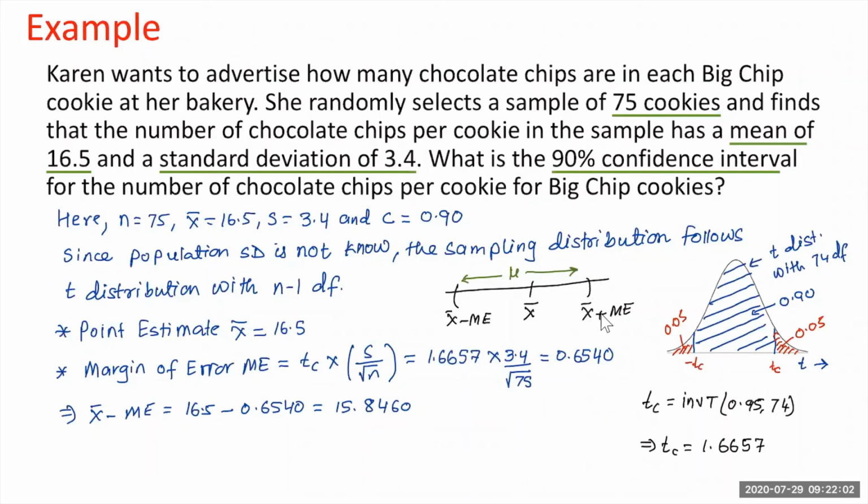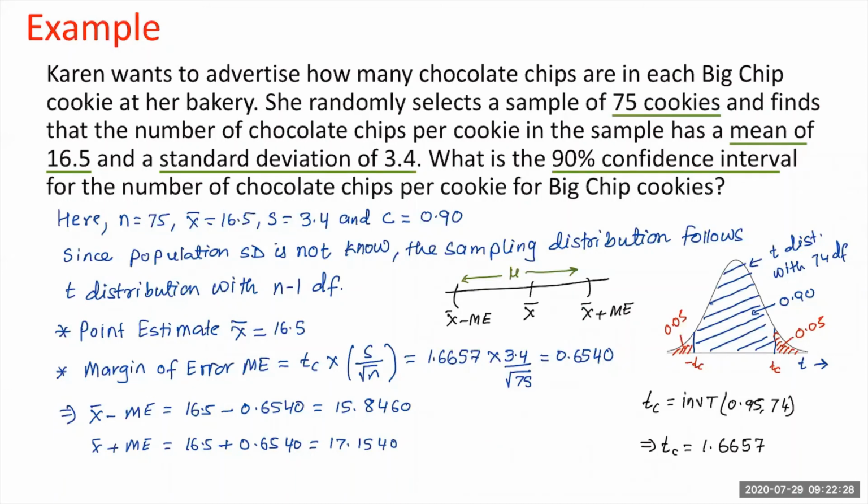Now for the right boundary, we have to add the margin of error. So it will be x bar plus the margin of error, which is 16.5 plus 0.6540. If we add that, you should get 17.1540. So we got the interval.